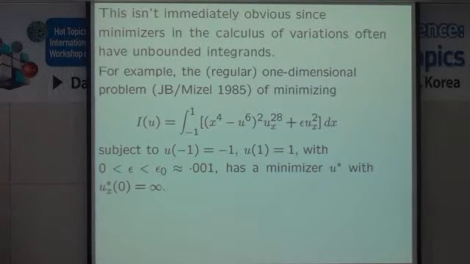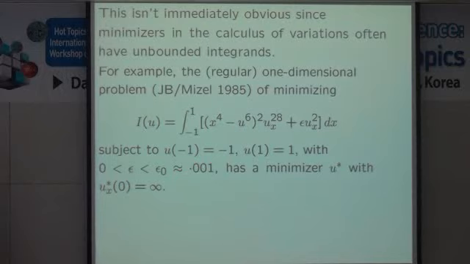Now, it's a polynomial, so there's no issue about the integrand not being smooth. This is the 28th power. There's a story behind this power, but anyway, it's 28. And this epsilon here is strictly positive. It has to be less than some small number, epsilon 0, which is about 0.001. But the point is, it's strictly positive.